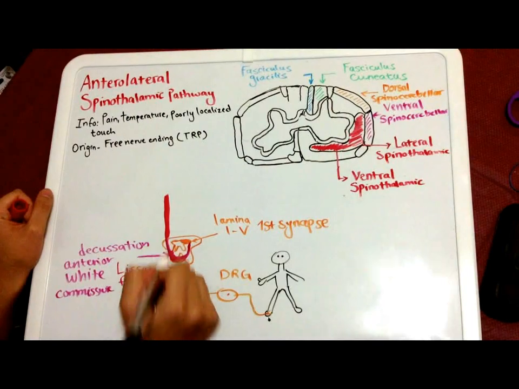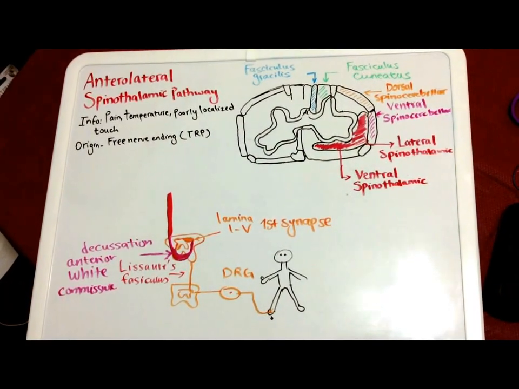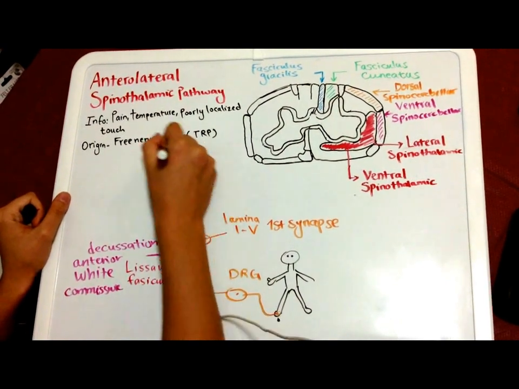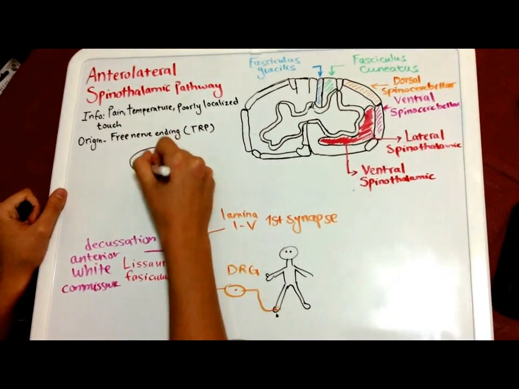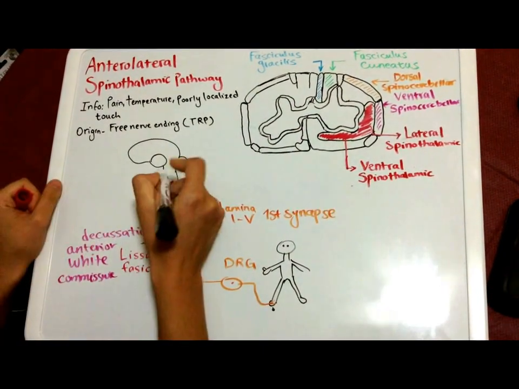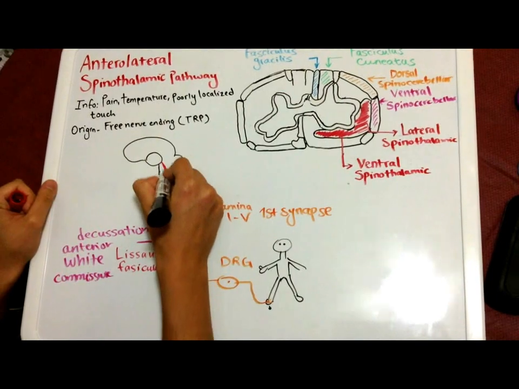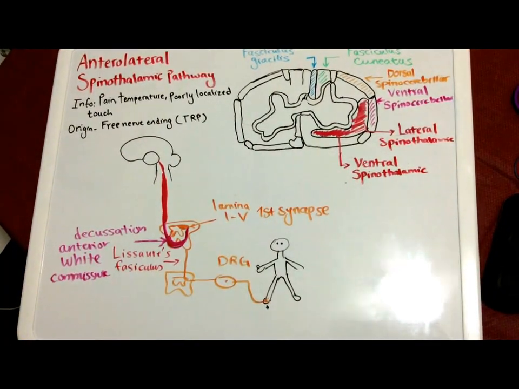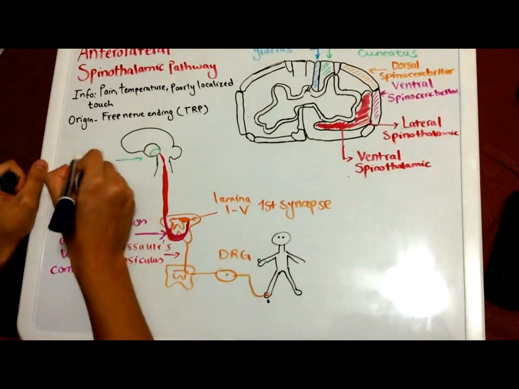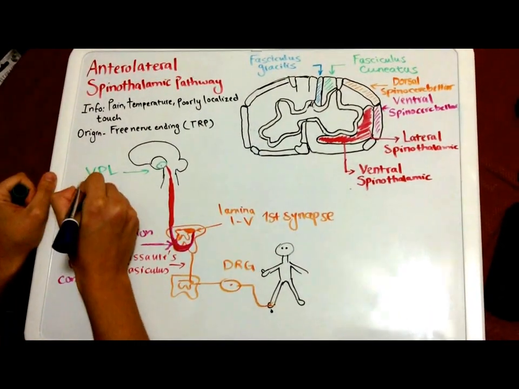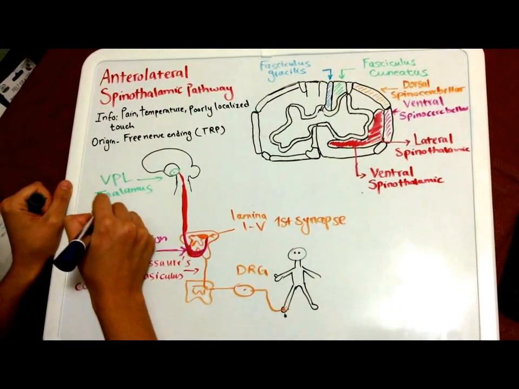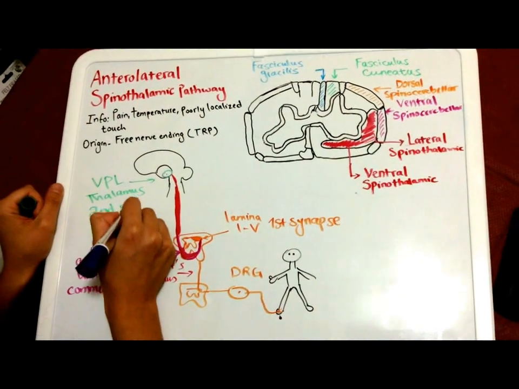It's going to go up, and enter the brain, so medulla, cerebellum, cortex, and it's going to synapse at the thalamus in the ventral nucleus called VPL. So here you have your second synapse.